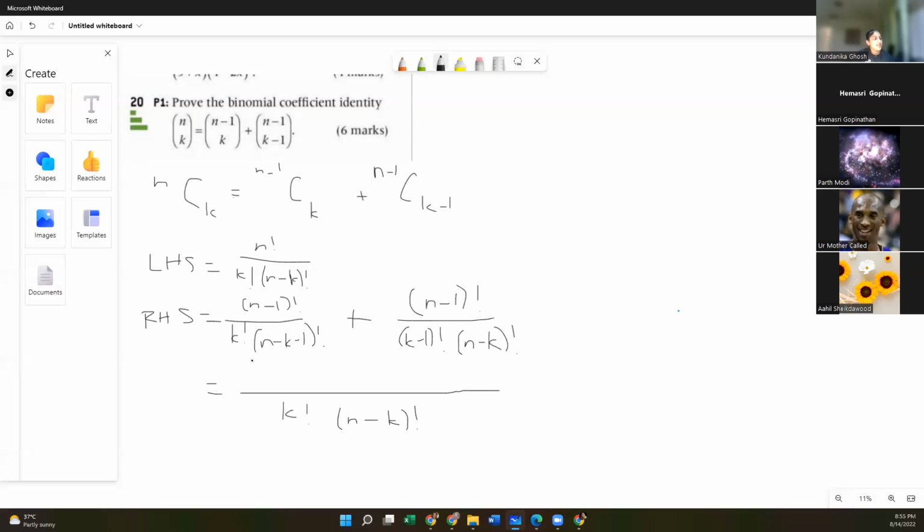Remember, we have to find what multiplies with the old denominator to get to the new denominator. So n minus k factorial can be rewritten as n minus k times n minus k minus 1 factorial. So all you have to do is multiply by n minus k. So now you have n minus k. Okay.